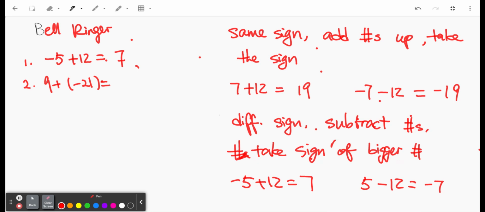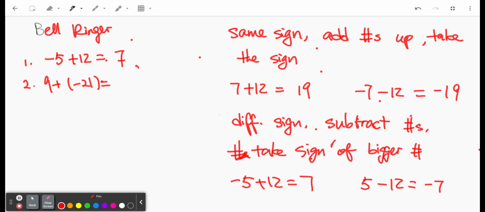Nine is positive or negative? Very good. 21 is positive or negative? Very good. So they have the same or different sign? Very good. So look at this. Different sign, you add or subtract? Very good. So 21 minus 9 is what?